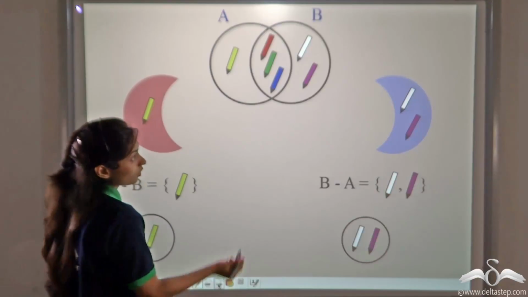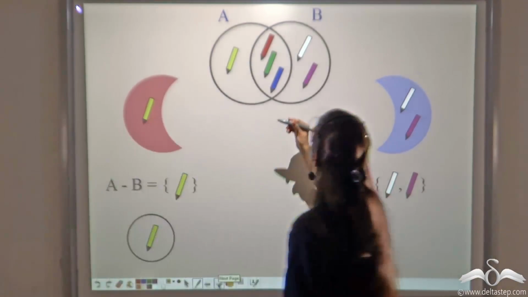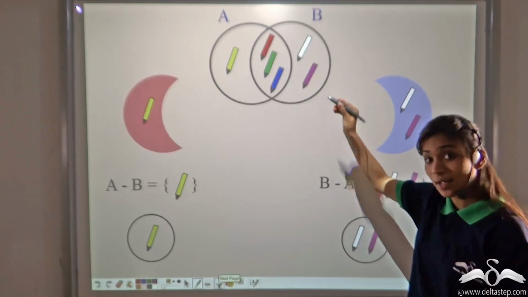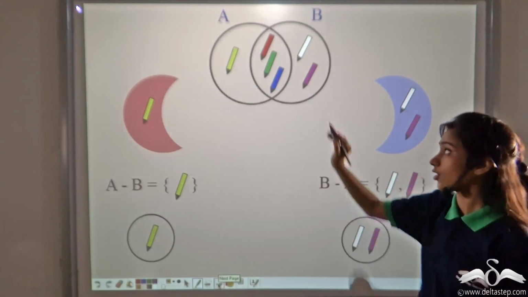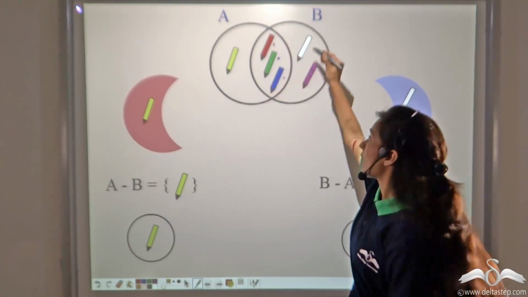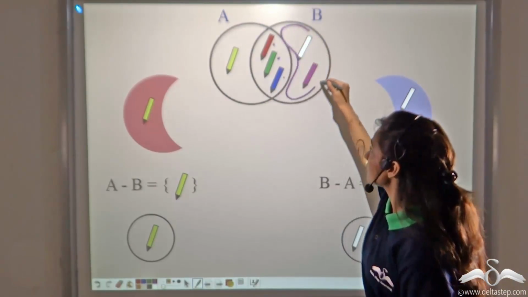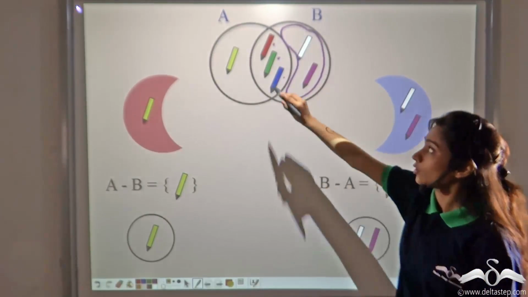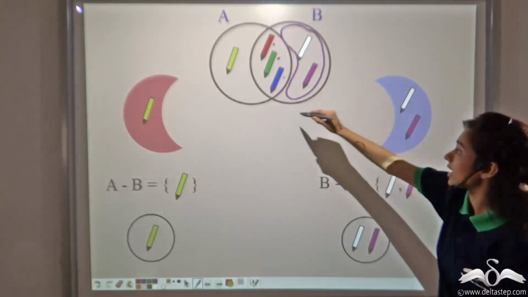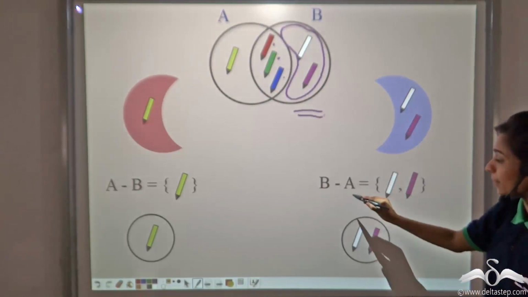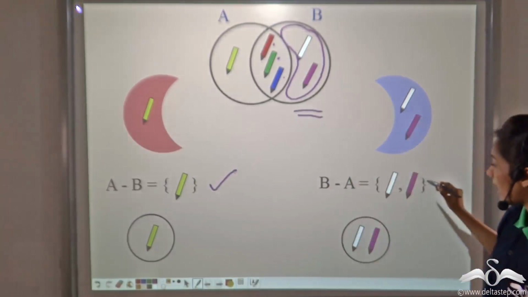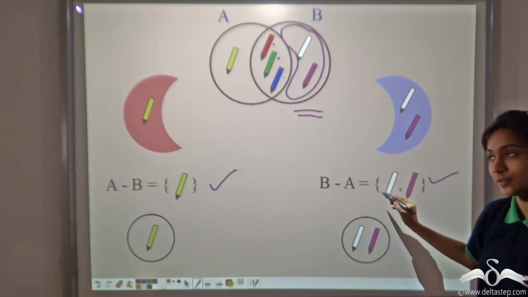How? Check here. B minus A means the set of elements which are there in B but strictly not there in A. So these are the elements which are there in both B and A, and these are the elements which are there in B but not there in A. You cannot see these elements in A. So this side will give us B minus A. So you can see the sets A minus B and B minus A are different.